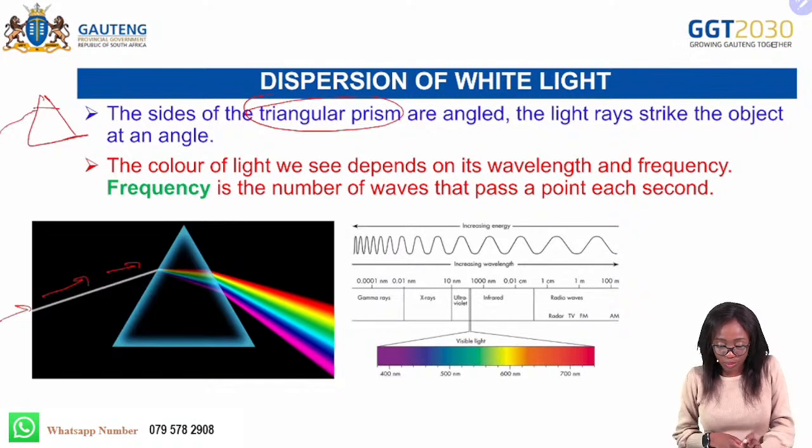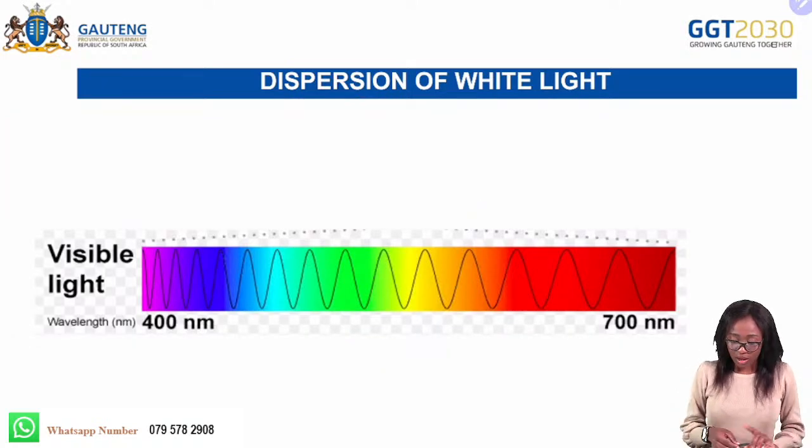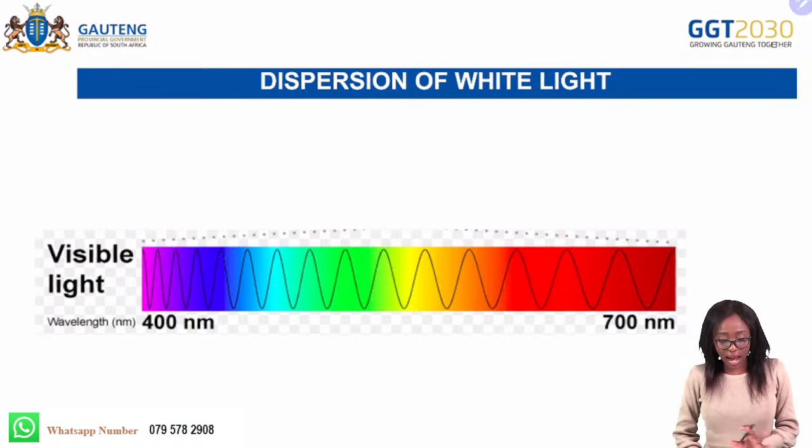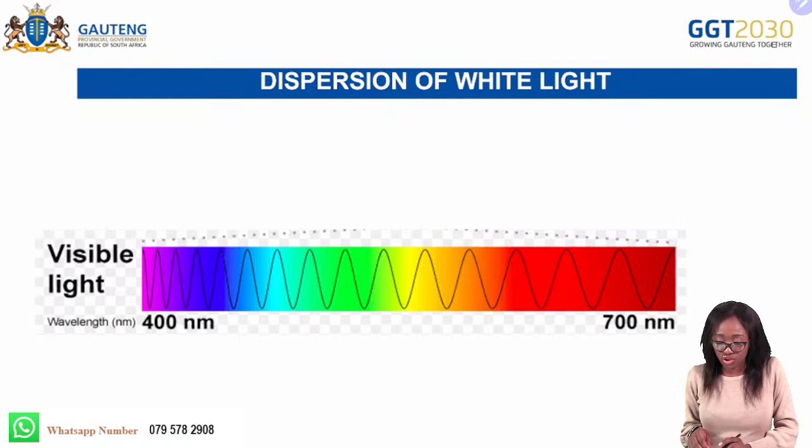And remember we spoke about frequency. Frequency is the number of waves that pass a point each second. So now let's look at this diagram of visible light. We said that each color has a different wavelength.